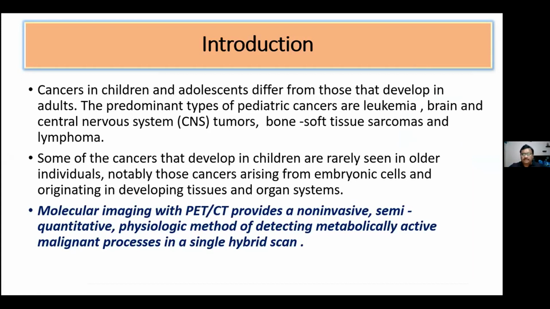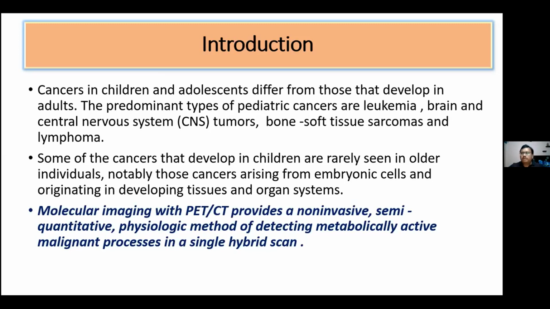The predominant types of pediatric cancers are leukemia, brain and CNS tumors, bone and soft tissue sarcomas and lymphomas. Some of the cancers that develop in children are rarely seen in older individuals, notably those cancers which arise from the embryonic cells and originate in the developing tissues and organ systems.